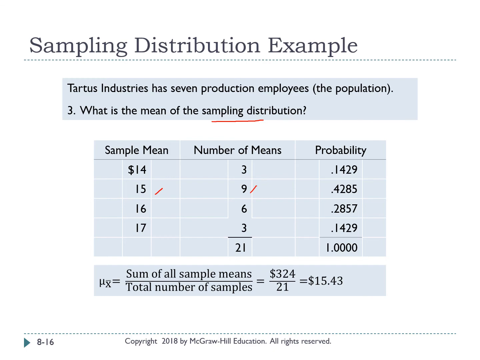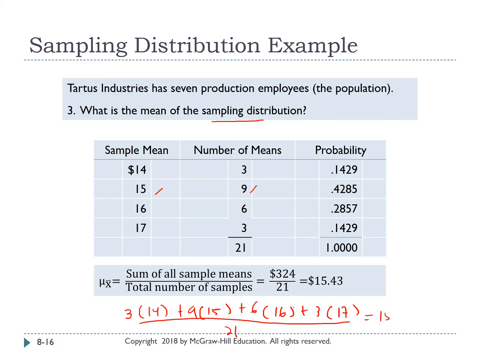So what is the formula? 3 is the weight, multiplied by 14, plus the second weight 9 multiplied by 15, plus 6 multiplied by 16, plus 3 multiplied by 17, and then you divide by the 21 possible outcomes, and this will give you the value of 15.43. So this is the mean of your sampling distribution.